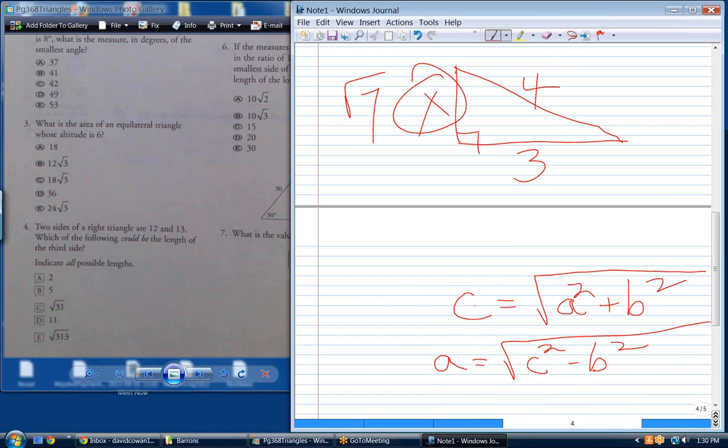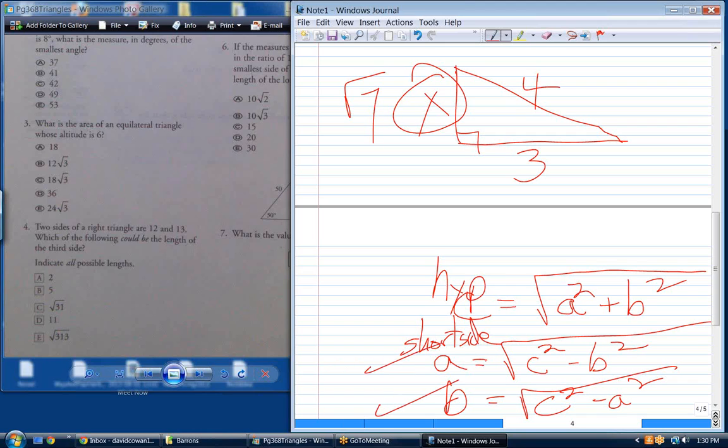This is the hypotenuse, and this is either short side. In other words, A is the square root of C squared minus B squared. B is the square root of C squared minus A squared. So if you're solving for one short side of a right triangle, it's better to go immediately to that. It'll just be a lot quicker.